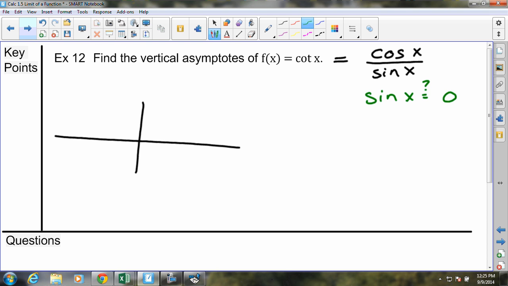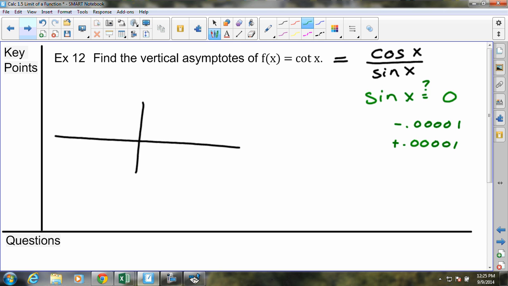Because if we are on numbers that are a tiny little bit less than 0 or a tiny little bit above 0, as we start limiting in on the x of 0, that's going to tell us that the limits are going to go off to positive or negative infinity. The limits blowing up are what tell us that we actually do have asymptotes.